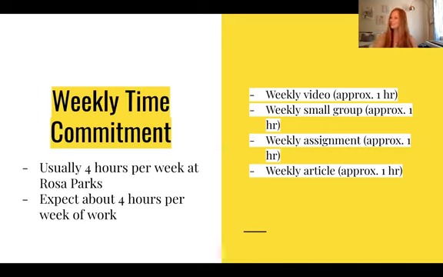And then you'll be meeting with your small group led by one of our coaches, who are all second-year master's students, for about an hour per week. Your assignments should be sent to you soon if they are not already. And then you'll be given a weekly assignment and an article to read each week, which we also have approximated about 1 hour each. And we'll go into what these assignments are going to be further in this video.